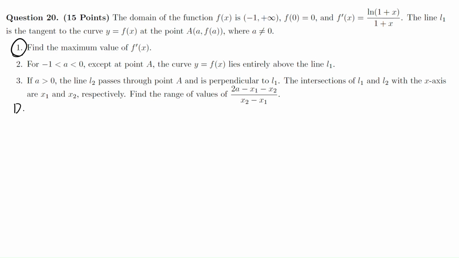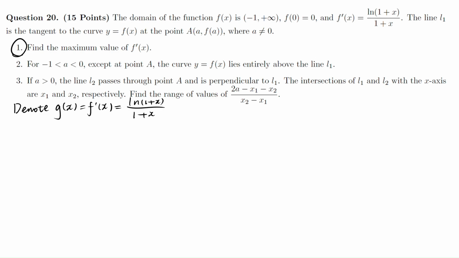So let's denote g of x is equal to f prime of x, which is equal to the natural log of 1 plus x over 1 plus x. So here comes a very crucial problem. How to find the maximum value of the function?